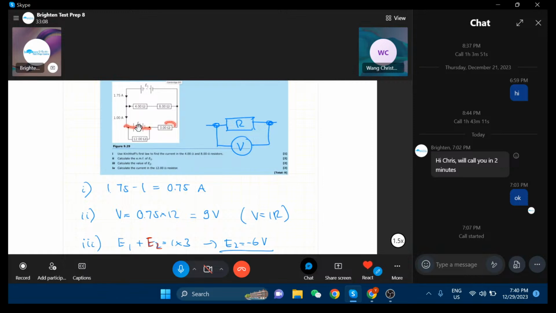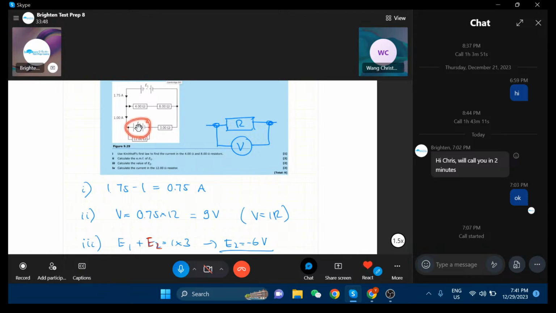I only considered the 1 amp and the 3 ohm. Yeah, exactly right. So this is 1 amp current, and with the 3, I have a total resistance of 3. Hence, I have 6 as a result from the configuration here, because we have 9 volts plus unknown and the 3 volt. So that's why we get the -6 here, right?